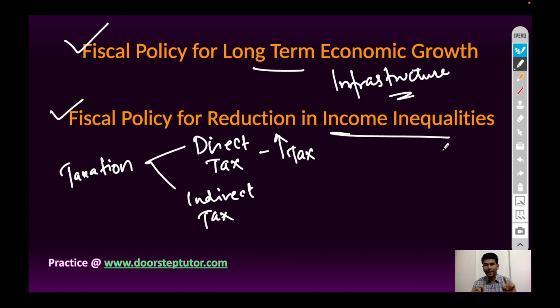Government can increase indirect tax on luxury items such as luxury cars, precious metals, etc. So the person who buys luxury products will pay higher tax. As we know, direct tax is a progressive tax. It means when income goes on increasing, you have to pay higher tax. So the government collects money from rich people and distributes it among the economically backward class.